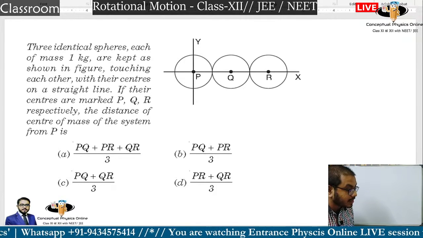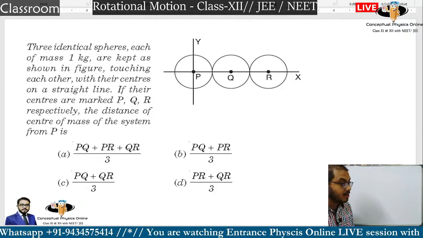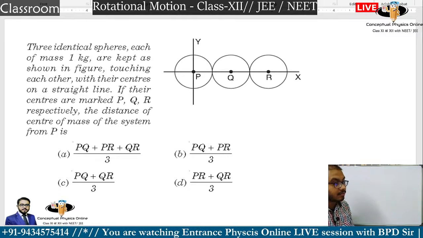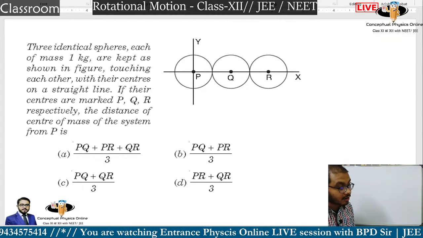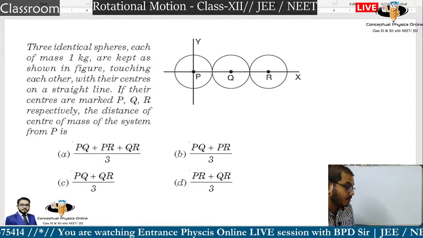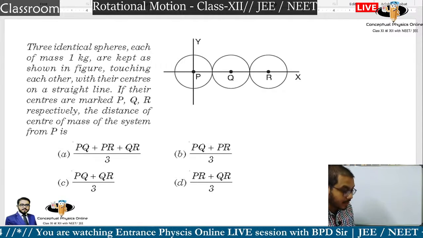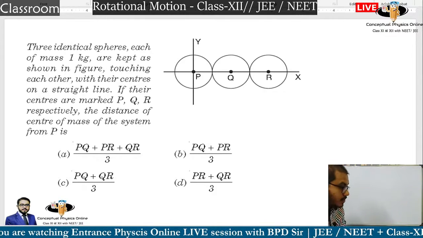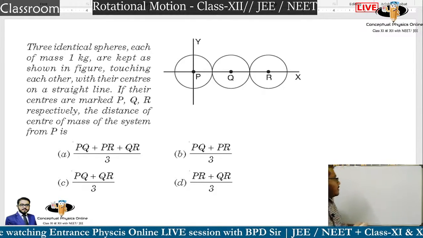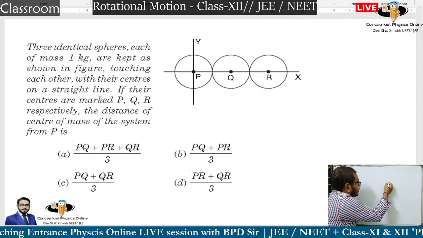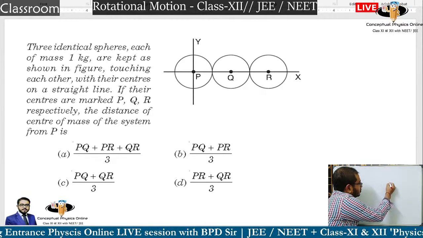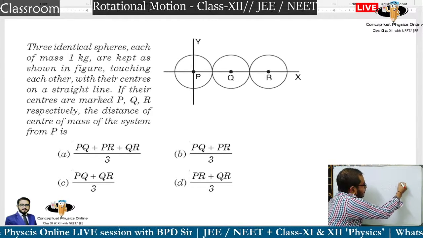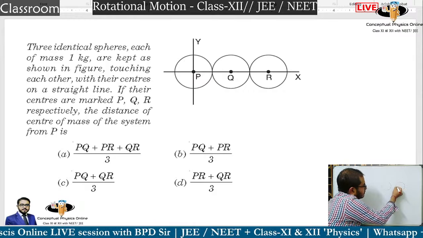the distance of the center of mass of the system from P is the question. So whenever we are taking certain spheres of our concern, there are basically three spheres.